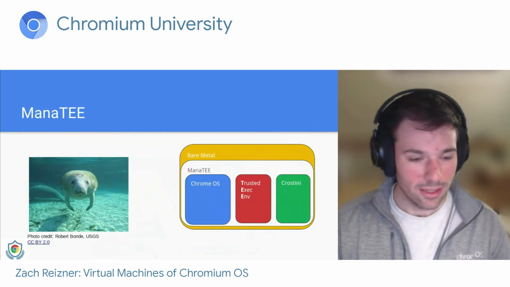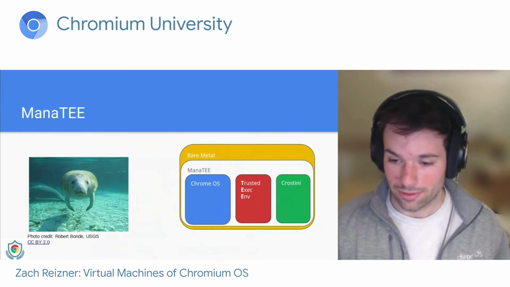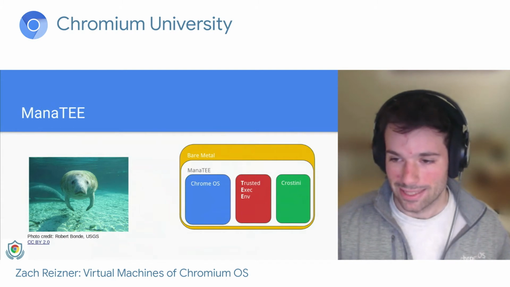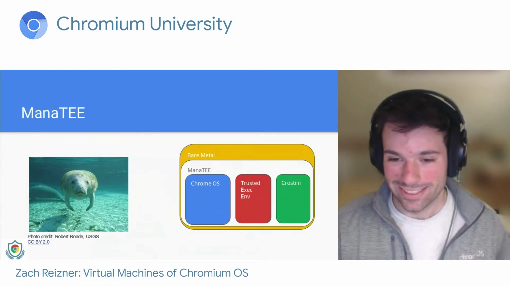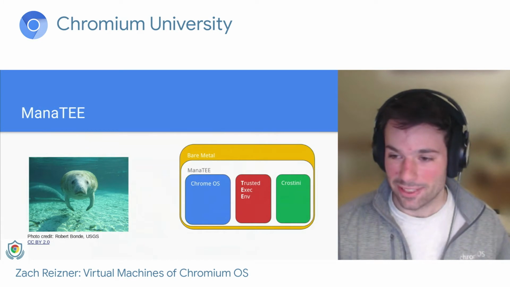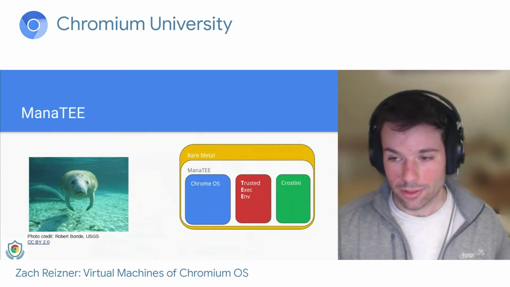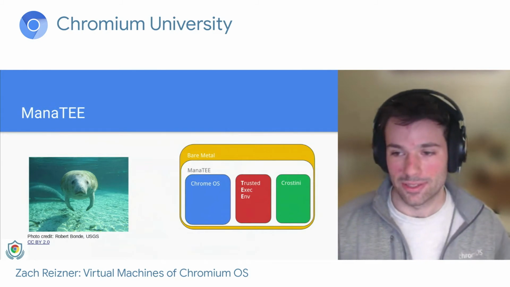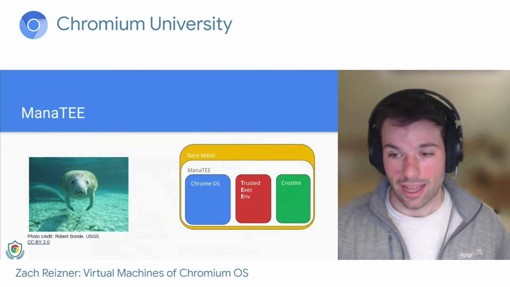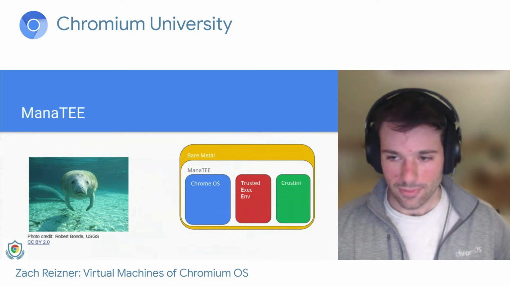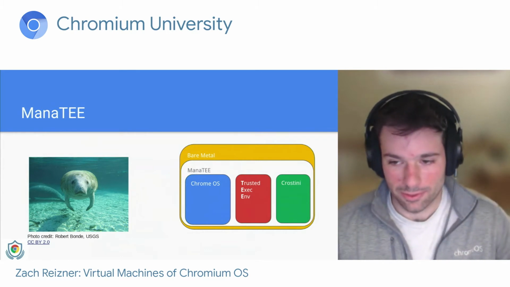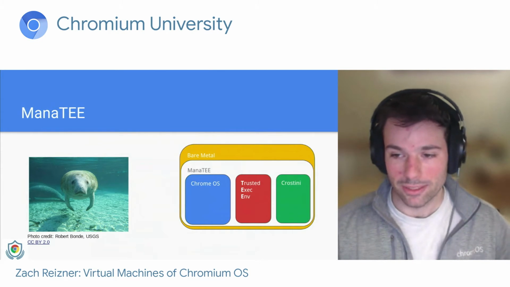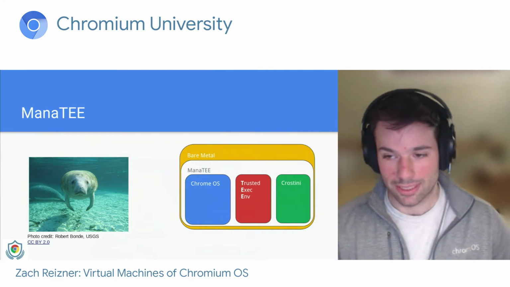And finally, the fourth kind of VM that we're talking about today is called Manatee. So Manatee is itself named after its goal of realizing a trusted execution environment, or TEE, for Chrome OS, which is standard and vendor neutral. The idea is that Chrome OS itself will run inside of a thin hypervisor host, and most of the memory and hardware will be passed through into the guests.